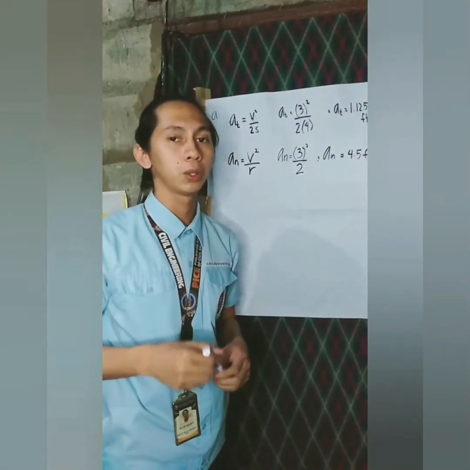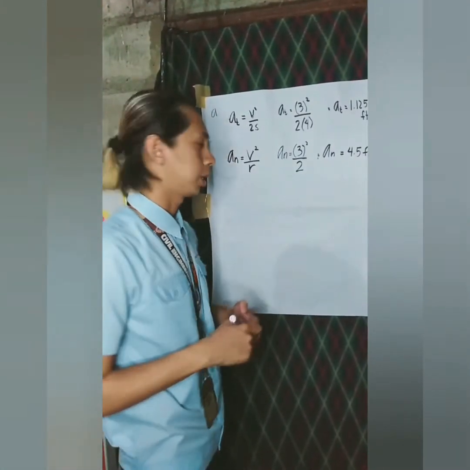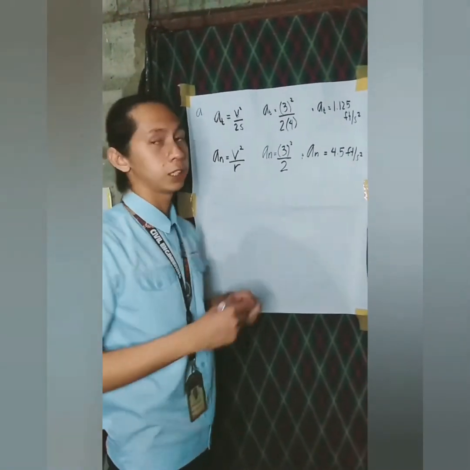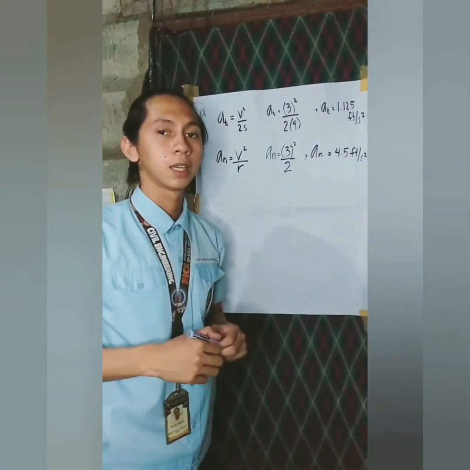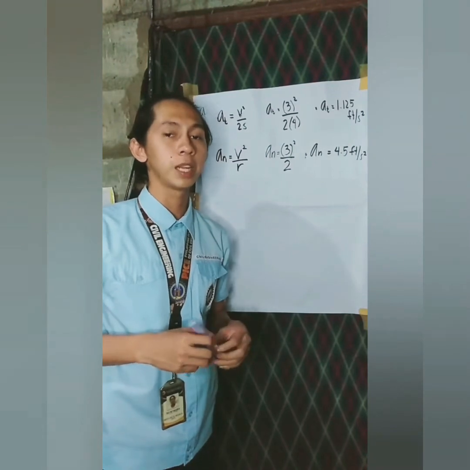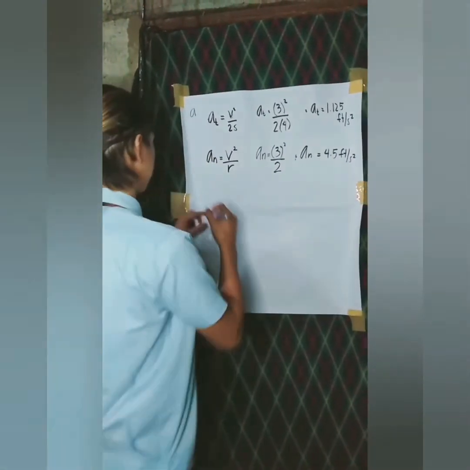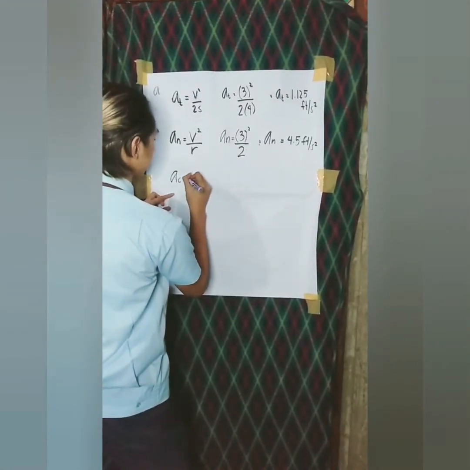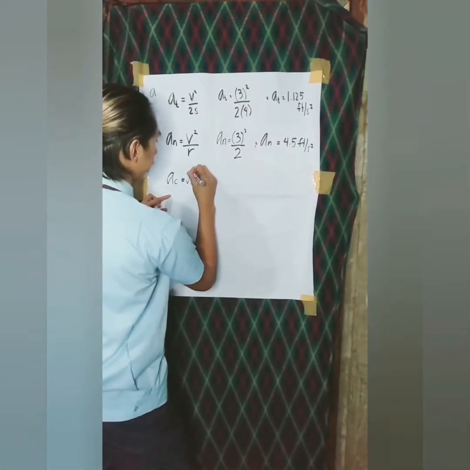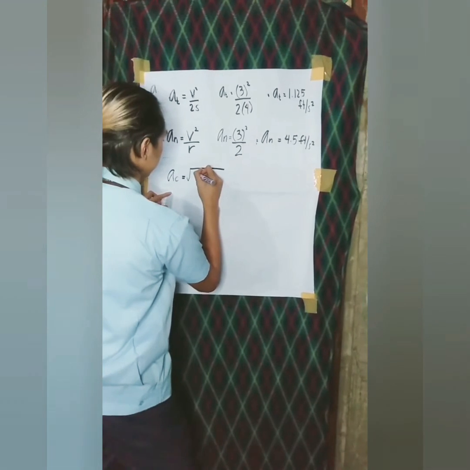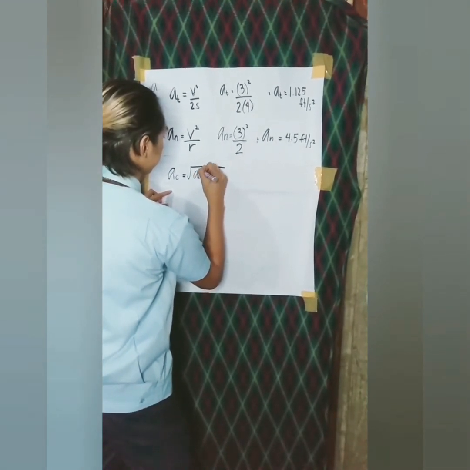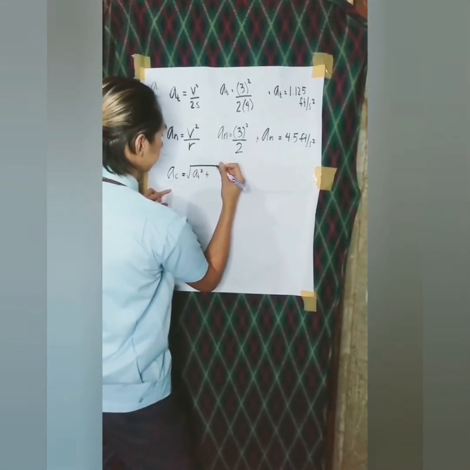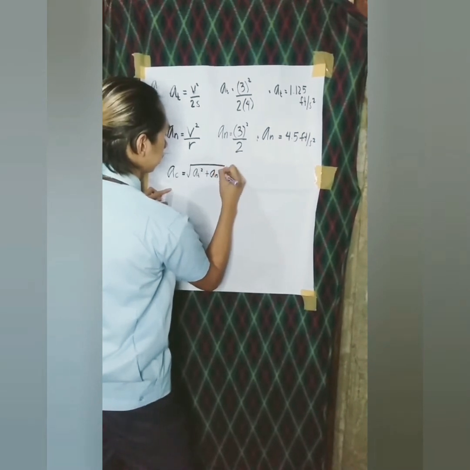So we are looking for the acceleration at point C. We are going to use the square root of A tangential squared plus A normal squared. So acceleration at point C is equal to the square root of AT squared plus AN squared.